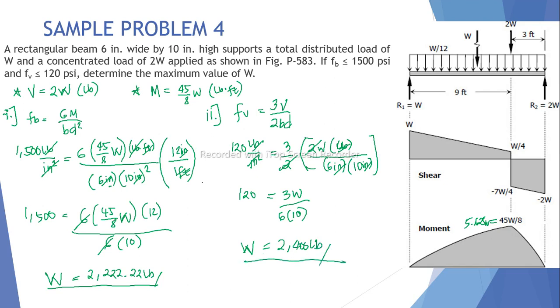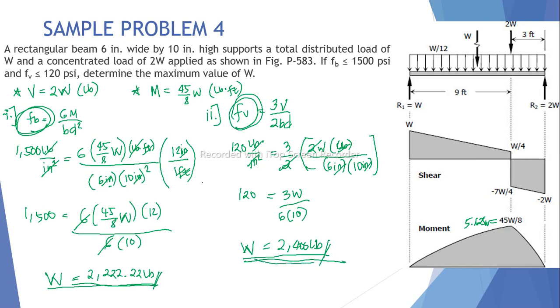So which W should we use, the 2,222 or the 2,400? Once the load on the beam reaches 2,222, the bending stress is already at its maximum. The 2,400 is the maximum for shearing stress.